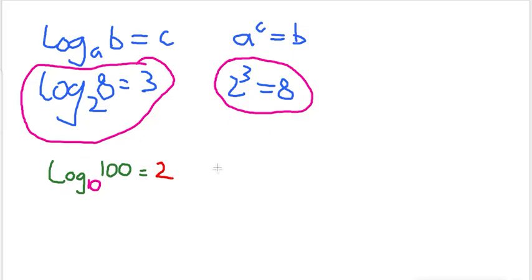It's 2, because 10 squared equals 100. So just keep that straight. Don't tell me the answer is 10. It's 2. We're asking what is the exponent that makes this true.